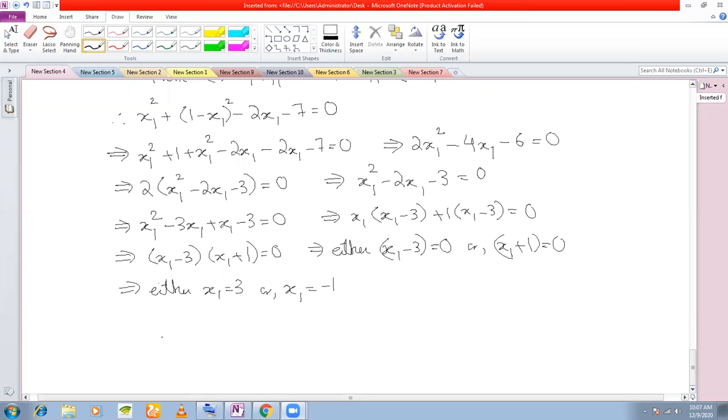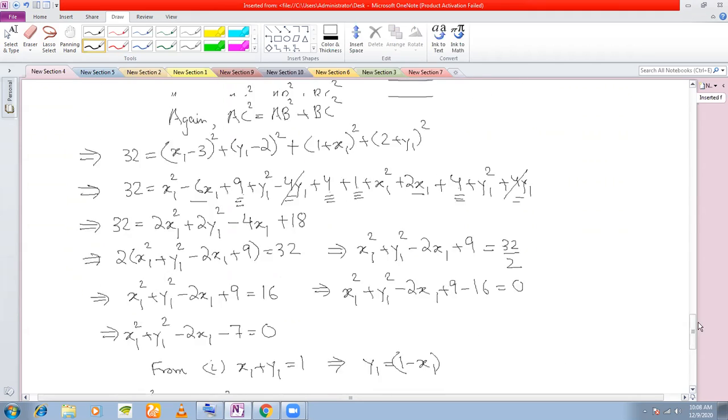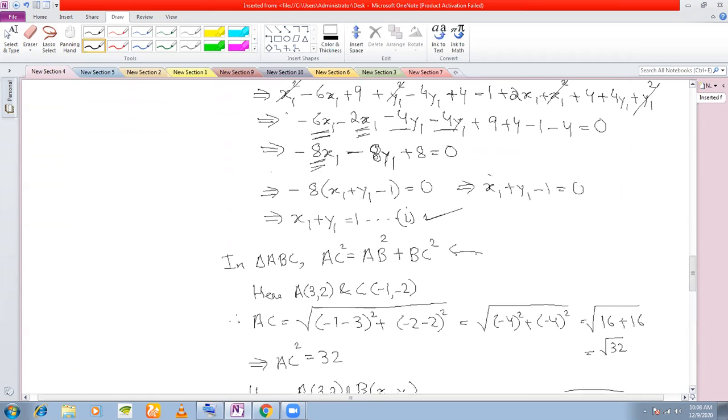See, you're getting two values of x1 and y1. Now for x1 is equal to 3, what is the corresponding value of y1? You know that x1 plus y1 is equal to 1 from equation number 1, right? This is what we know from equation number 1. x1 plus y1 is equal to 1.